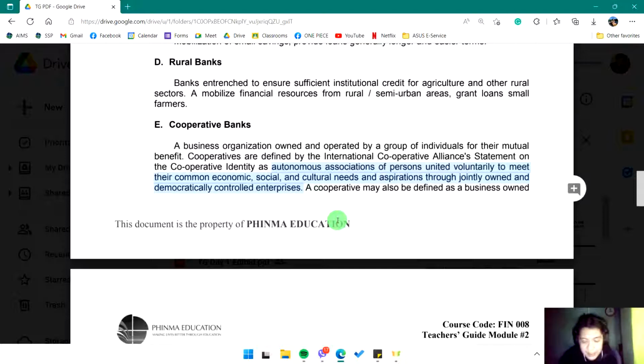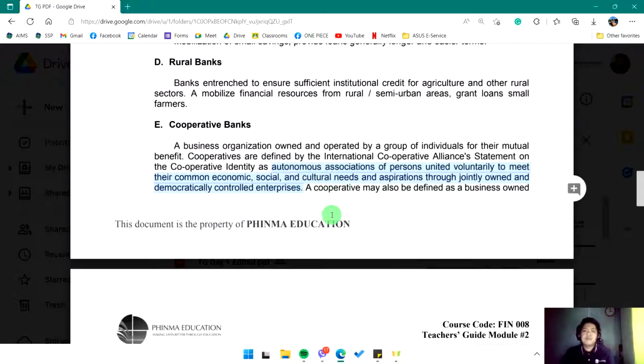Pero ako kasi naka-experience na ako ng co-op. And naglagay na rin ako ng pera doon before. Ang co-op po natin ay mga group of individuals na nag-tipon-tipon for their own mutual benefits, such as common economic, social, and cultural needs.